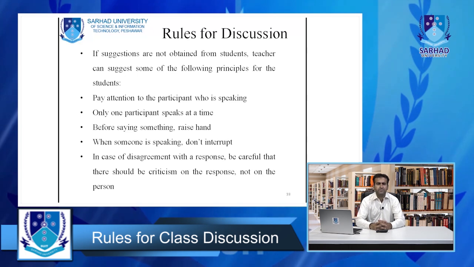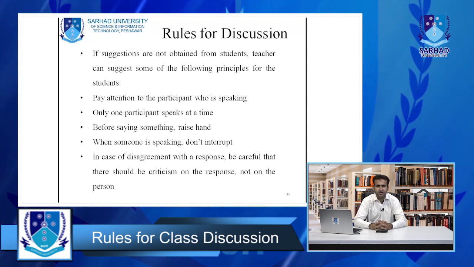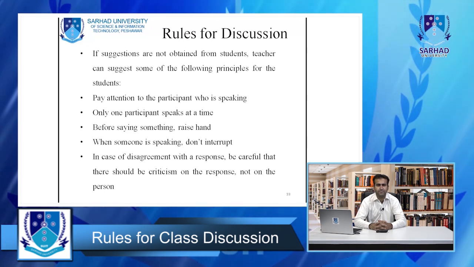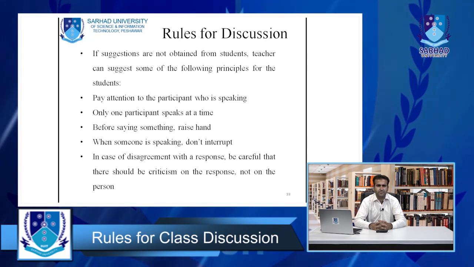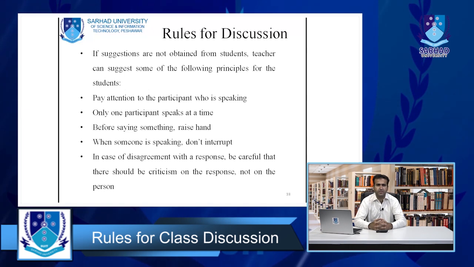Only one participant speaks at a time. Whenever the discussion process is underway, individuals need to allow one participant at a time to speak. It will give an opportunity to reduce communication gaps or barriers. It will also stop the arising of any misunderstanding. कि कोई मिसअंडरस्टैंडिंग अगर अराइज होती है तो वो उसी वक्त स्टॉप हो जाएगी. इसलिए ओनली वन पार्टिसिपेंट इज अलाउड.